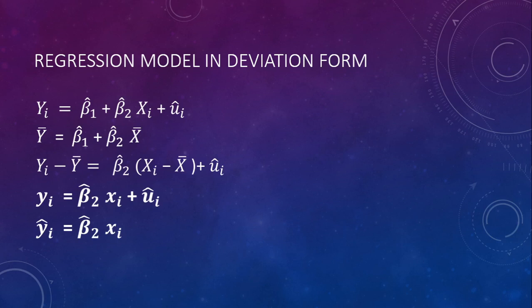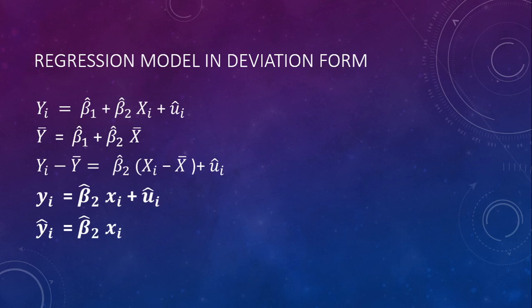So let us denote capital Yi minus capital Y bar as small yi, that is, y in deviation form, which is equal to beta 2 hat into small xi, x in deviation form. Small xi is equal to capital Xi minus x bar.